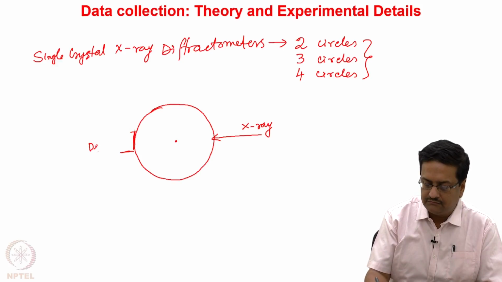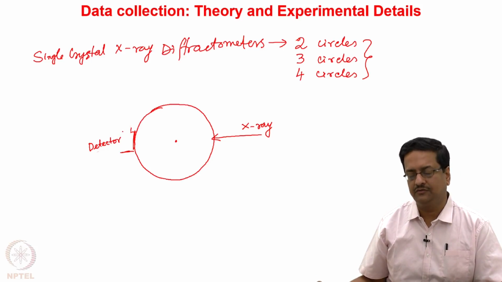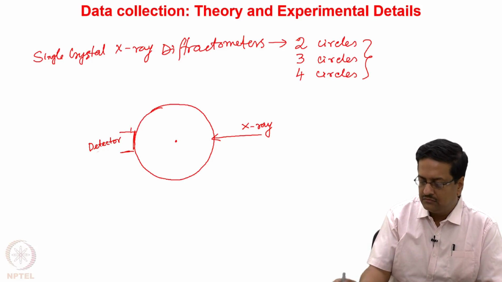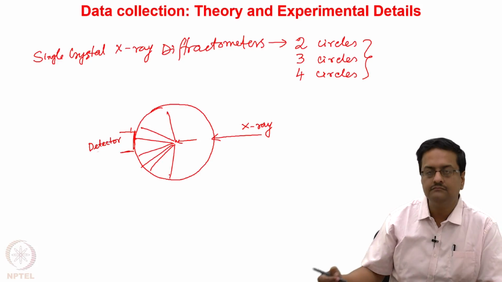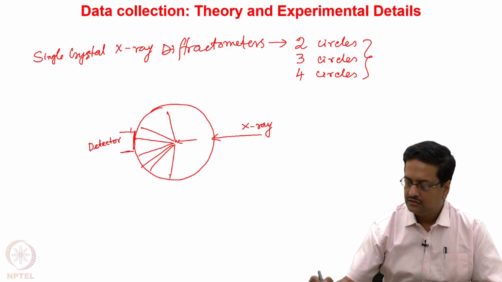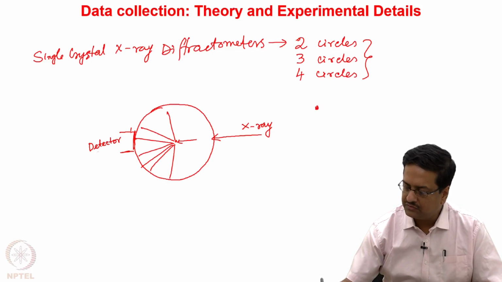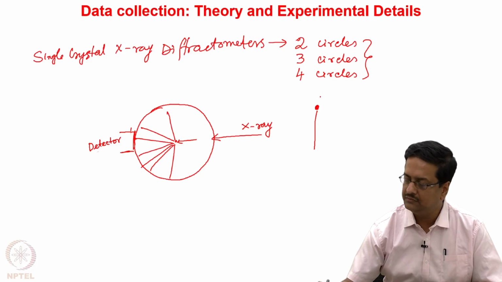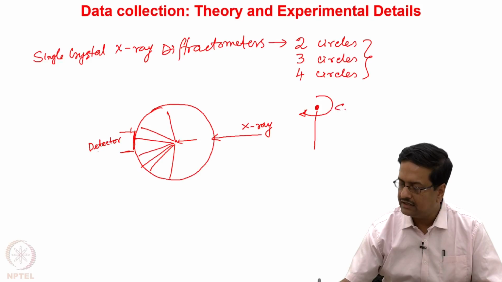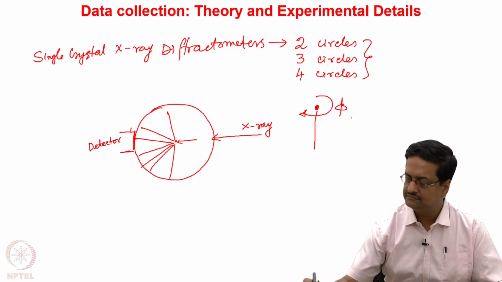This is a standard geometry of a diffractometer. When X-rays fall on the sample, they diffract in all possible angles. So, if a crystal is mounted here on a loop or a glass fiber, and if it is rotated about its own axis, that axis is called the phi axis.